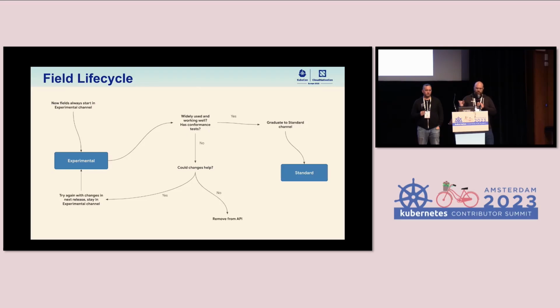There's a cycle of evaluation where you ask, is this working out? Is it helpful? No, maybe we throw it away, or yes, but we're not quite ready to move it on to standard. Then we'll keep going through that experimental cycle. Eventually, if something is working and there are multiple conformant implementations, it'll graduate onto standard.